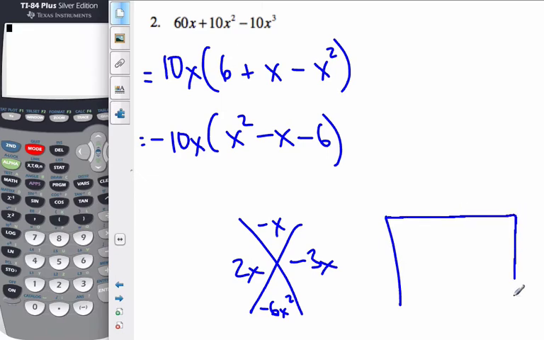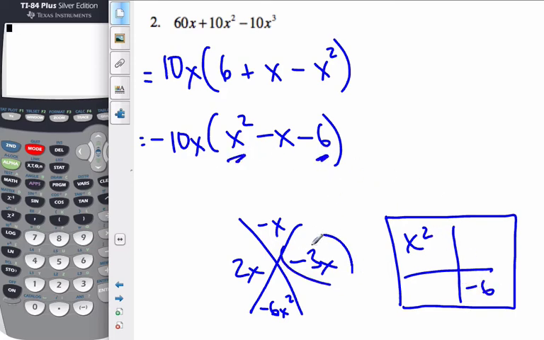Making our box, I know I get x squared from here, negative 6x, and then negative 3x and a 2x. Factor, I get x minus 3 and x plus 2.